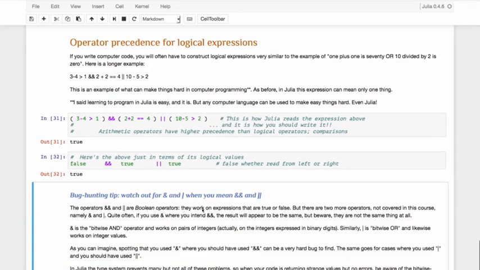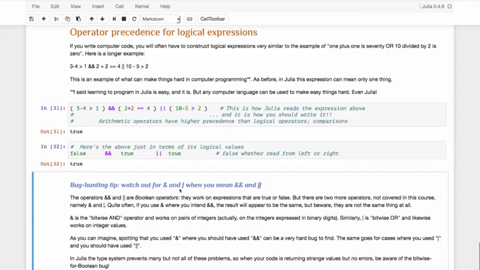Here's a very important bug hunting tip. In Julia, there is another set of operators which are based on a single ampersand and a single vertical line. They're quite different. They don't work on Boolean values. Boolean values are things that are either true or false, and that is where the operators and, or work on.